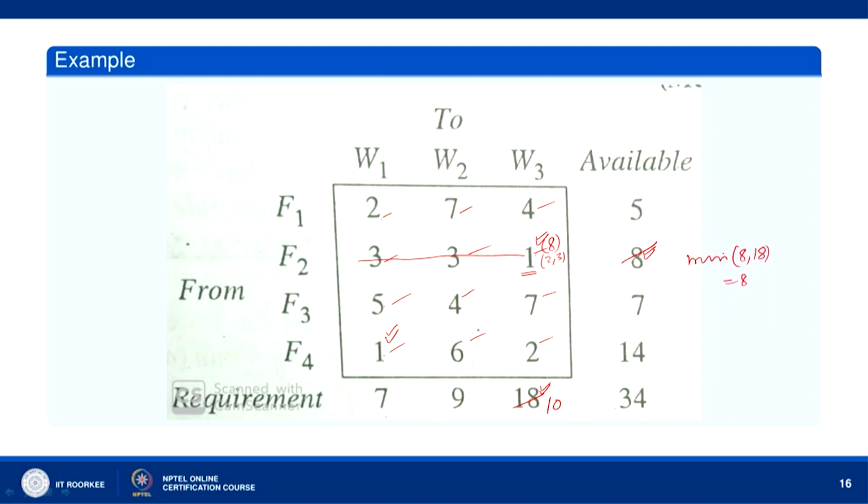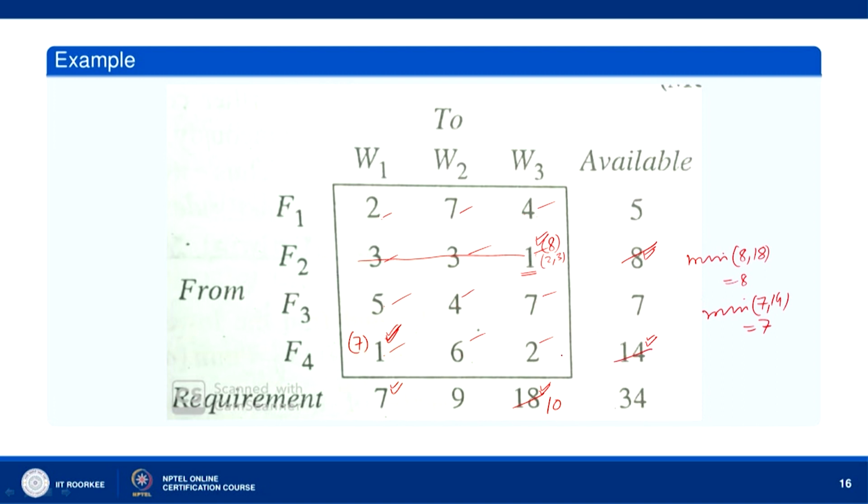This cell has the least cost now, so we allocate the minimum of Ai and Bj. Here 14 units are available at the source and 7 are required at W1. The minimum of 7 and 14 is 7, so we allocate 7 here.